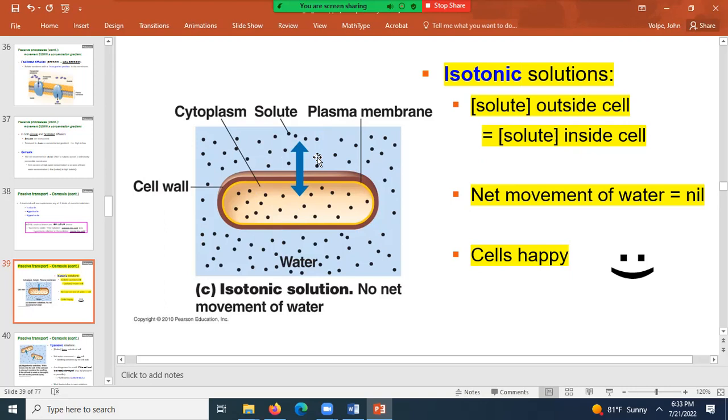So when we say the solution is isotonic, we're literally meaning that the concentration of the solute molecules outside the cell are equal to the concentration of the solute molecules inside the cell. Any question about that? So the tonicity is defined by the concentration of the solute, not by the concentration of the water. But it's the water, in this case, which will be moving. And because it's isotonic, the concentration of the water inside the cell is equal to the concentration outside the cell.